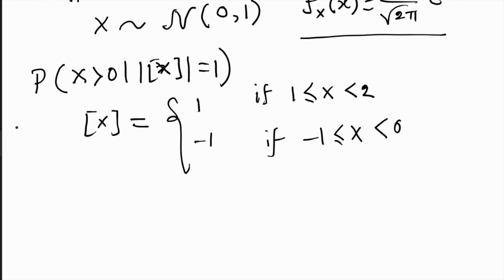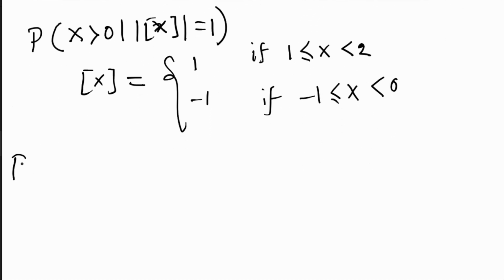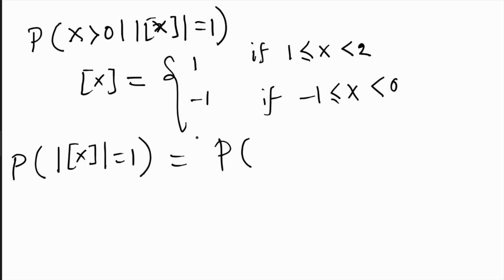Now let's calculate the probability of this being 1. Modulus of this means these two regions: probability of 1 less than x less than 2 plus probability of minus 1 less than x less than 0.